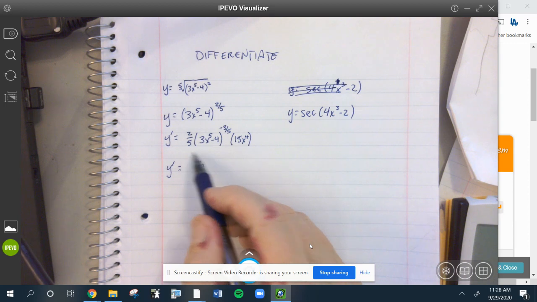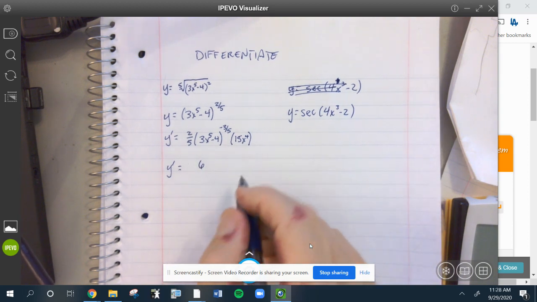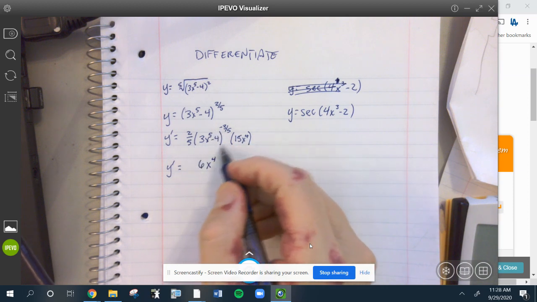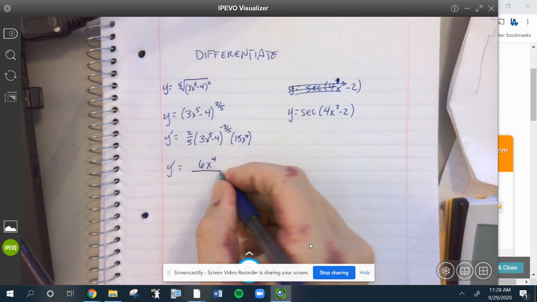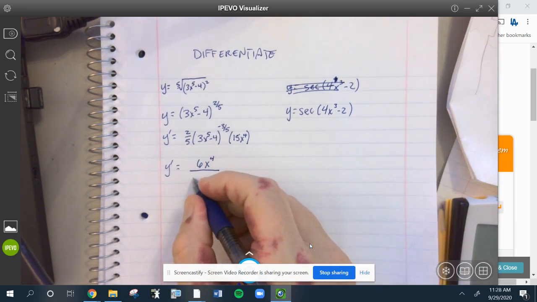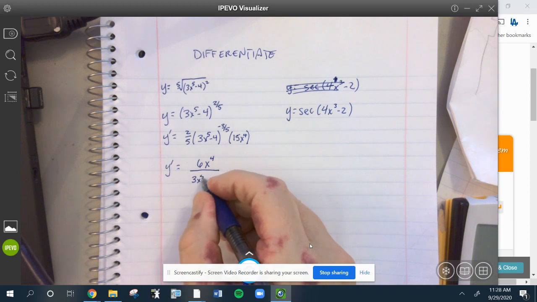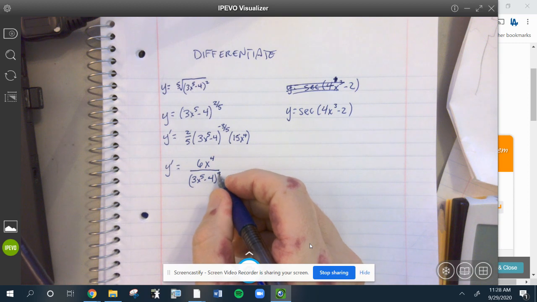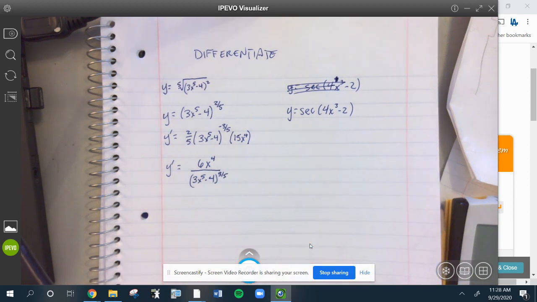So that was a 2/5 times 15x to the fourth. And then this exponent comes down to the bottom. Positive 3/5. And that's it.